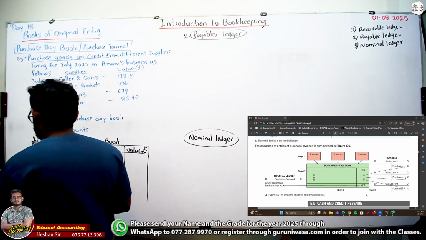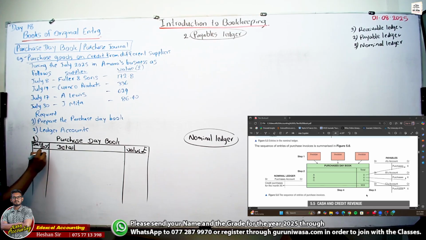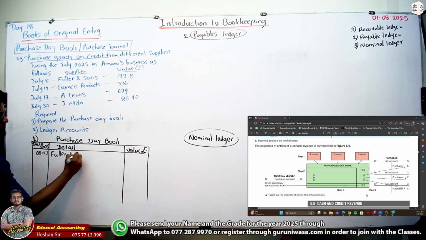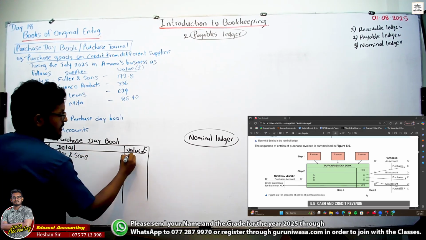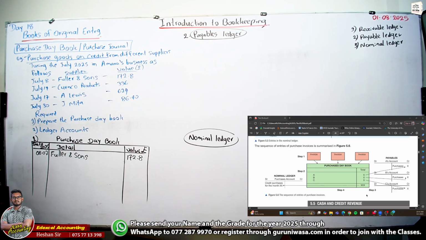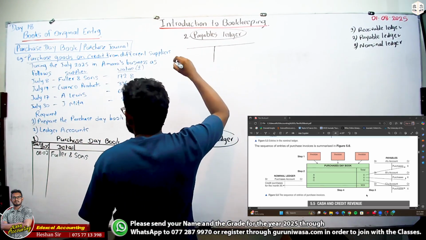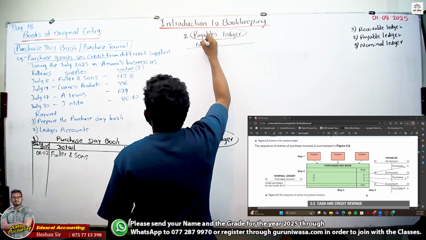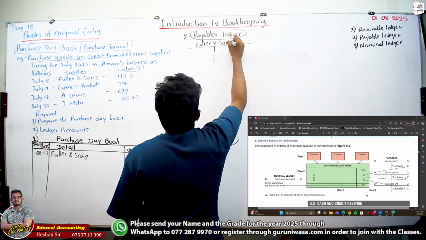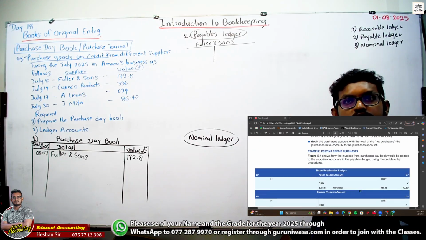For example, let's take the first one. I write the year here, 2021, 8th of July, from Fuller and Sons. The value is 172.8. The supplier's account we maintain at the same time, as Fuller and Sons. You can see the suppliers account.